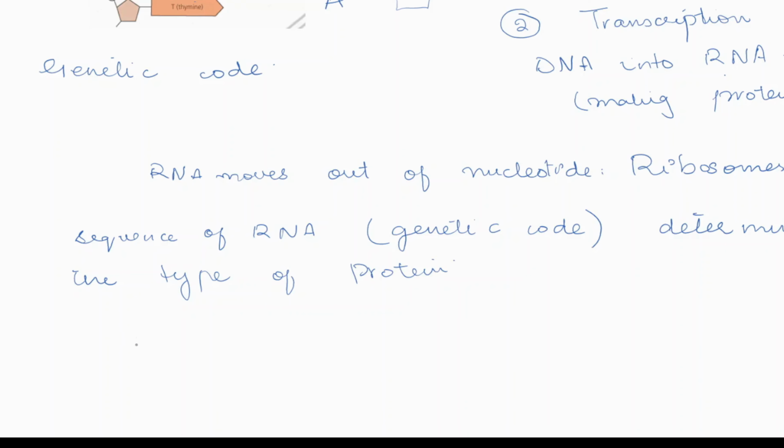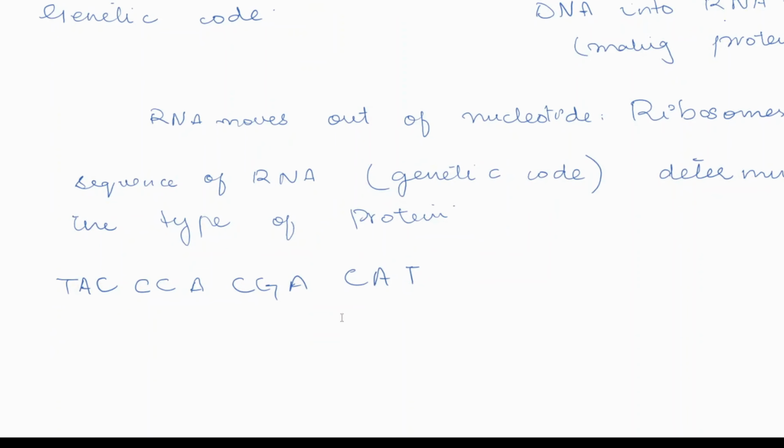For example, let me write CCA, CGA. Now this is the sequence. Let's say we have TAC and CAT over here. I'm giving you a random sequence. Let's say CCA codes for amino acid type 1, this codes for type 5, and this codes for another type.